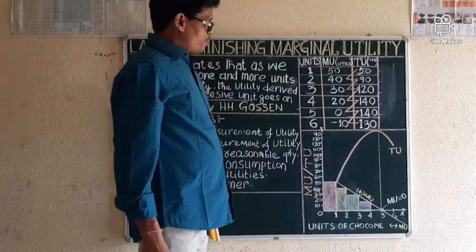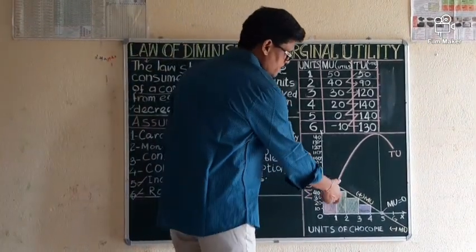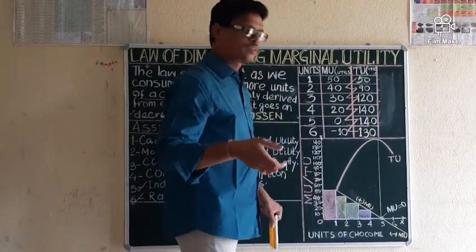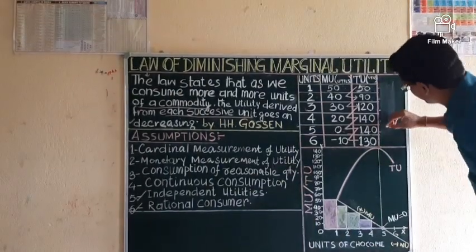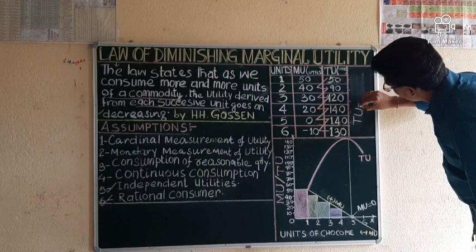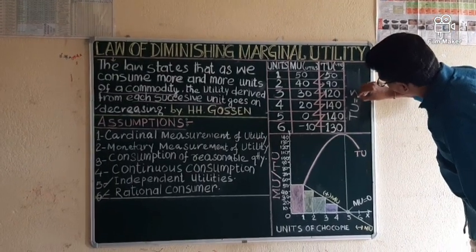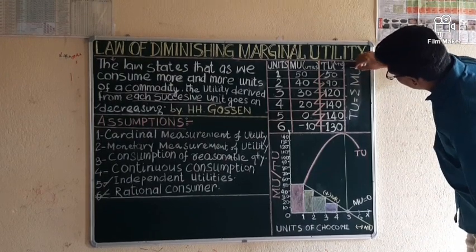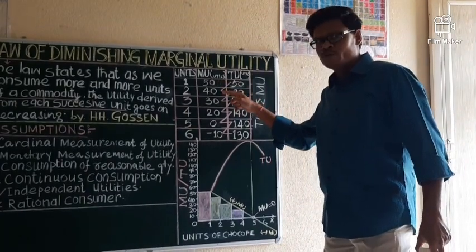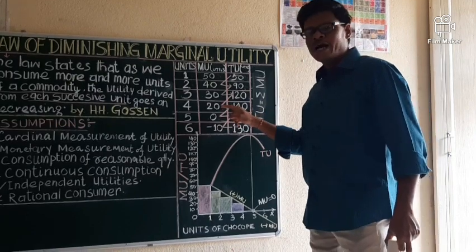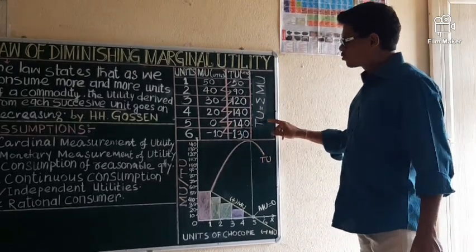Now, as we know, total utility TU is the sum of marginal utilities. Means marginal utility of unit 1, MU of unit 2, MU of unit 3, MU of unit 4, and so on, we will be getting total utility.